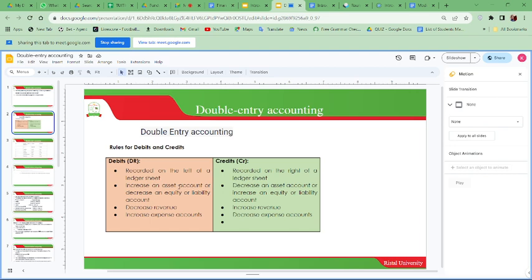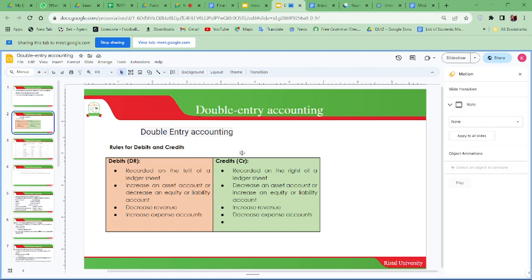If it decreases an equity, we record it under debit side. If it decreases liability, we record it under debit side. If there is a decrease in revenue, we record under debit side. If there is an increase in expenses account, we record under debit side. So that is the rule for debits.